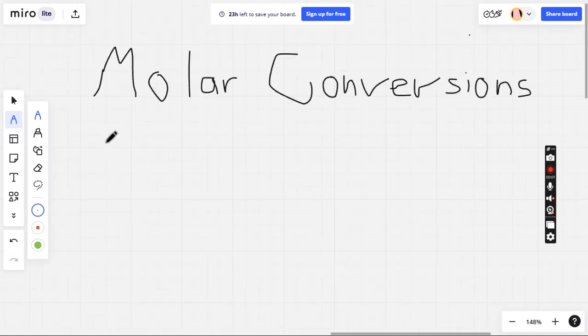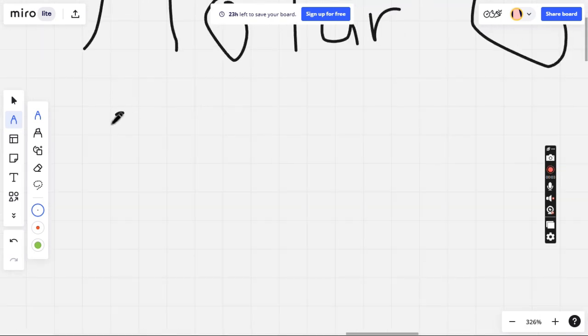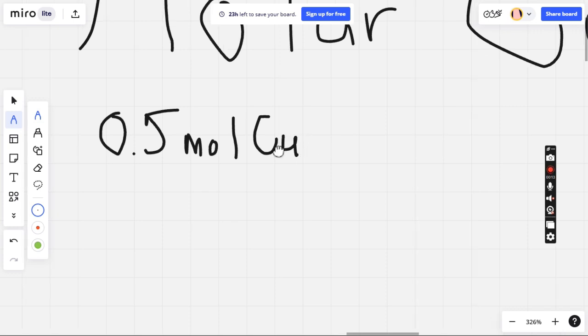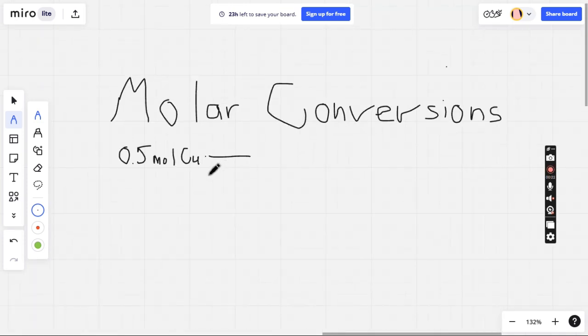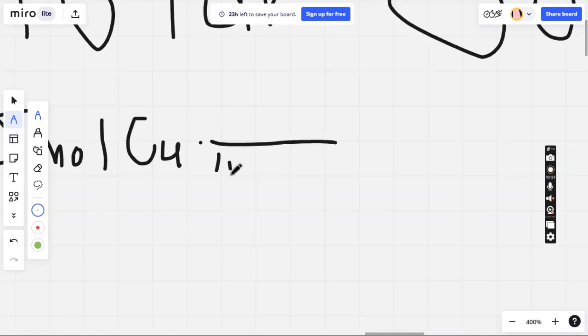So, molar conversions. This can be a bit confusing, but I'm going to try and make it simple. Let's say I have 0.5 moles of copper, Cu. You set up a little conversion format. You bring the moles down to the bottom, so you put here 1 mole of copper.